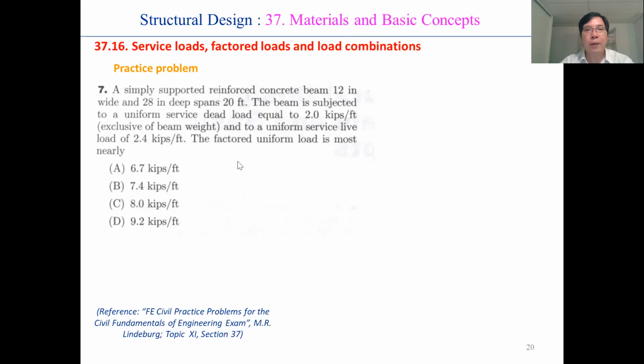We know that the beam is subjected to a uniform service dead load equal to 2 kips per foot and to a uniform service live load of 2 kips per foot. The question is: what is the factored uniform load in this case?